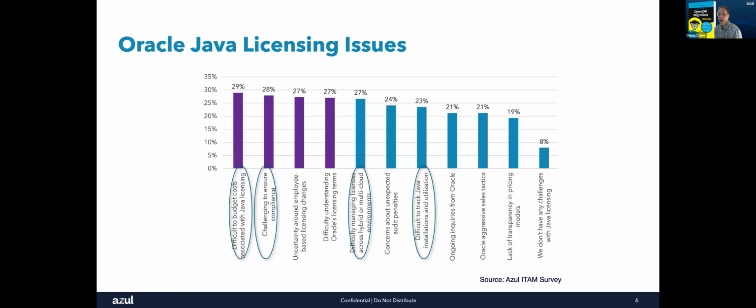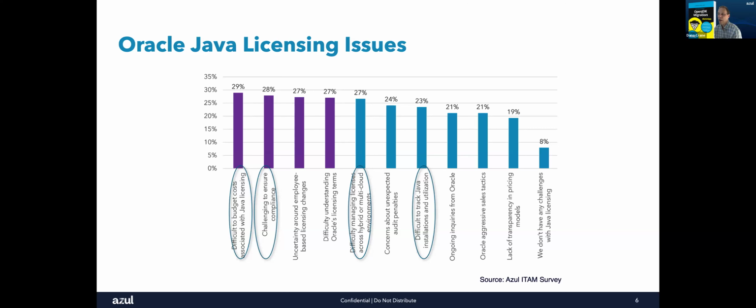But the number one thing that they complained about was budgeting, and that seems to be getting out of hand. Costs are rising because that new employee-based licensing model can increase your licensing costs by 2 to 10 times. And that's because the way that Oracle defines an employee is very loose. It includes contractors, it includes subcontractors, it may even include the janitor in your building.